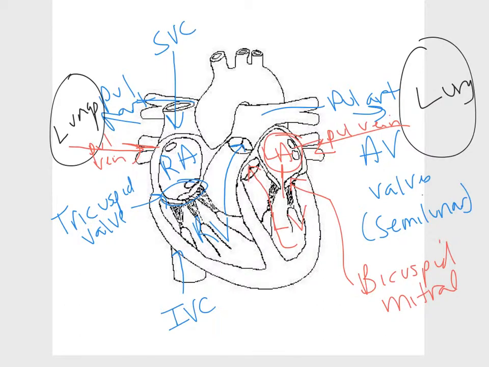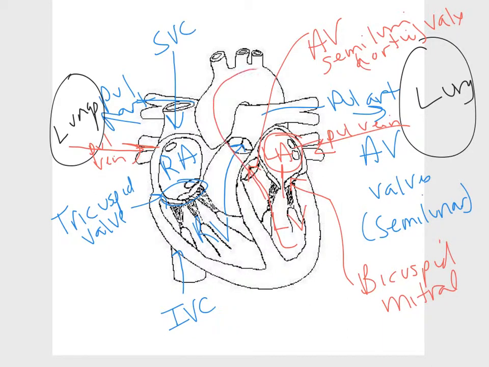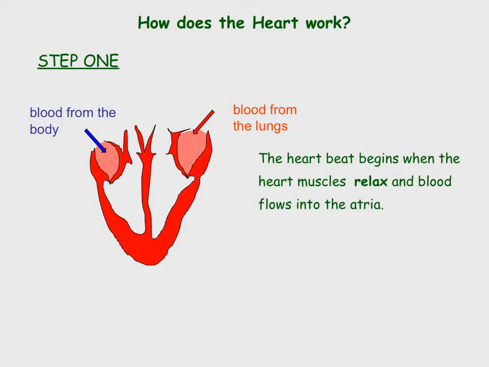And this is another AV valve, or another AV semilunar valve. Also, this is called the aortic valve, because it's going between the left ventricle and the aorta. And now this is the biggest blood vessel in the body. This is the aorta, and the blood is now going to be delivered to all of the arteries.